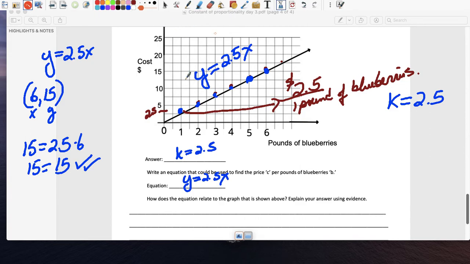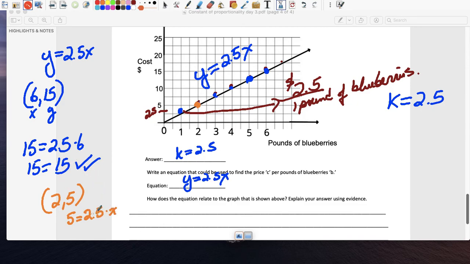Pick another ordered pair. Let's pick an easy one: 2 and 5, which is right here. No decimals again. I'm going to use the equation y equals 2.5x. So y is 5 in this case, and my x value is 2.